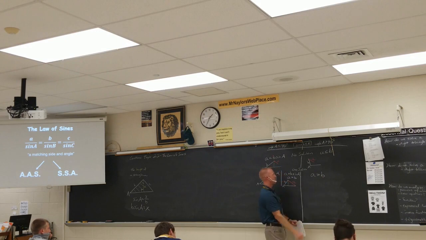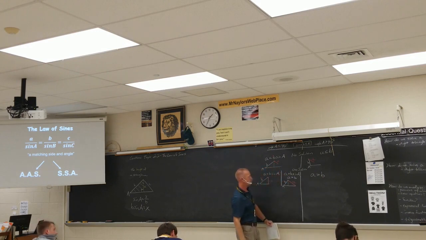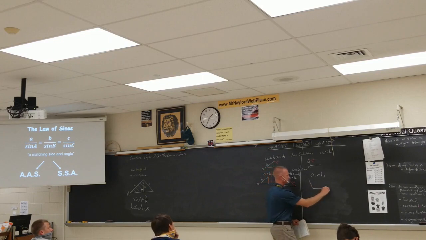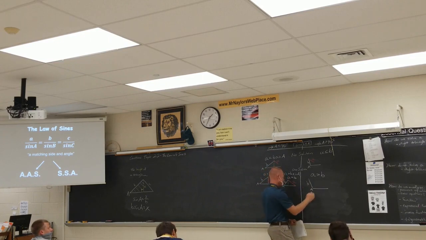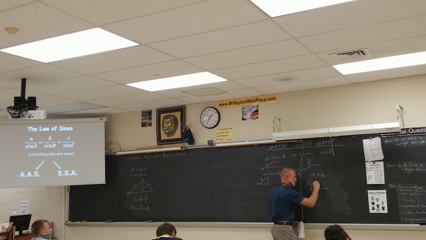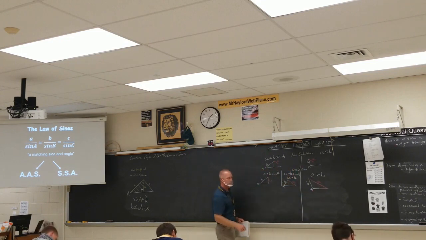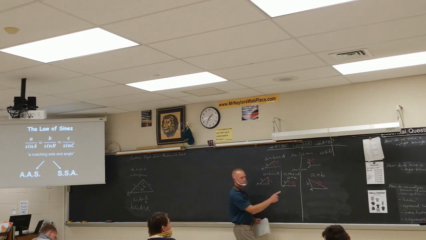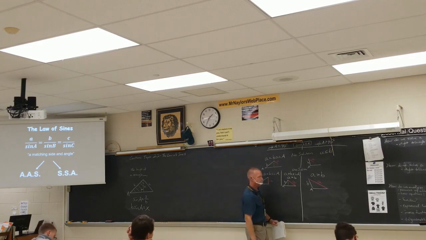it turns out that if A is greater than B, well, that's all that's needed to make a triangle, to make one solution. Remember, when you're in the right-hand column, the angle A is obtuse.